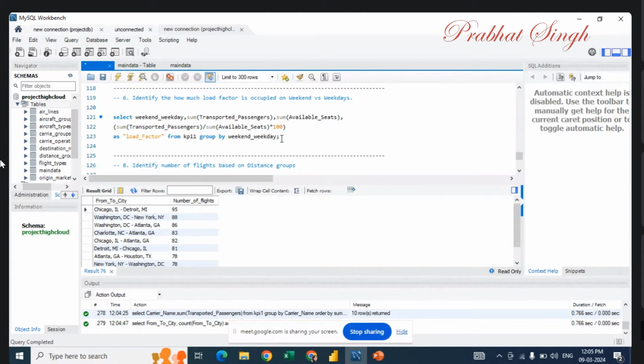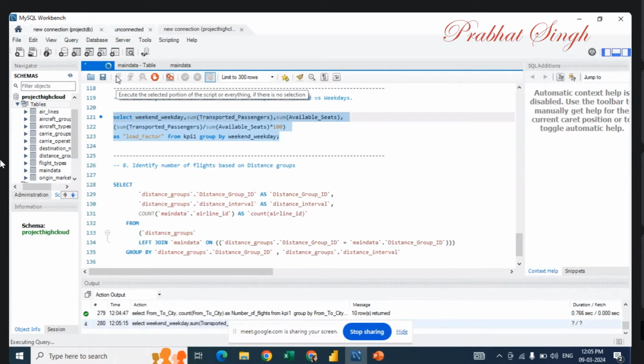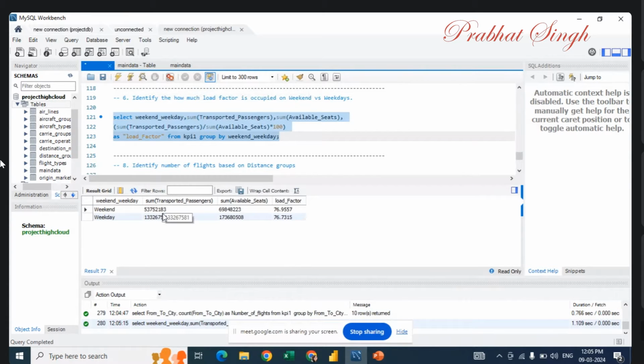Coming to the sixth KPI, we need to differentiate weekday and weekend load factor for the flights. As we all saw before in the other dashboards, weekdays are more and weekends are less. The same way here also we can see.